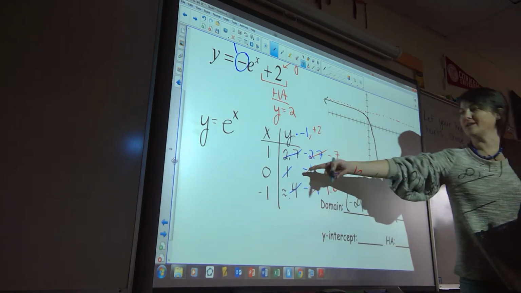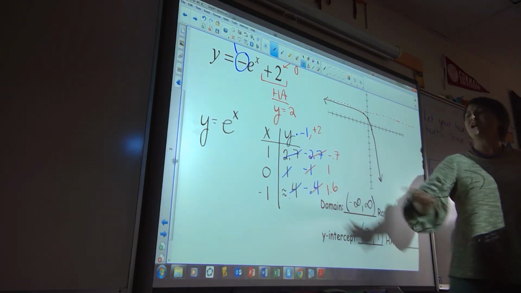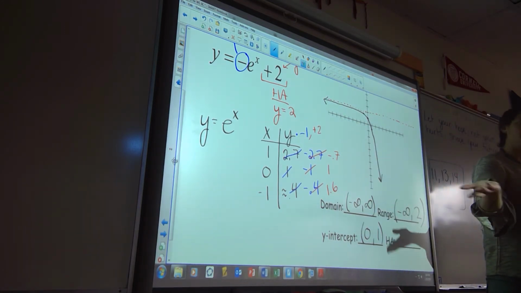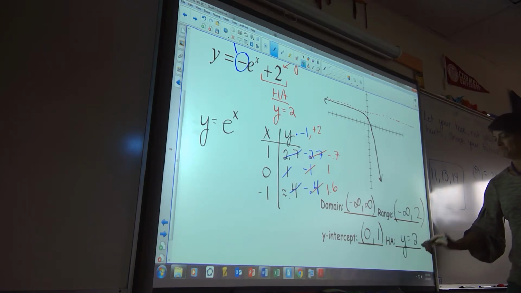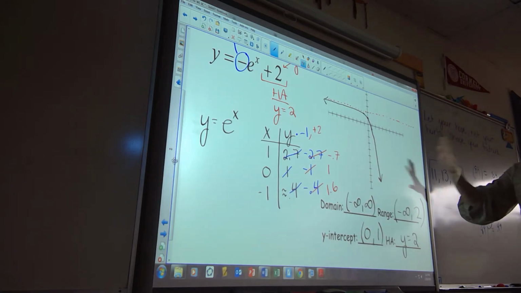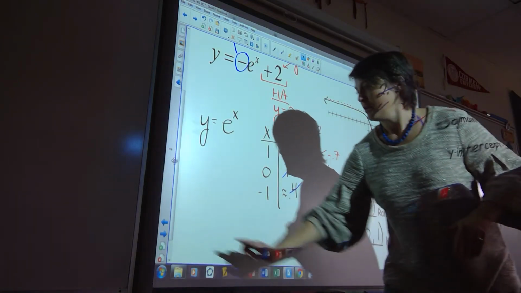The y-intercept, I have it from my t-table, 0, 1. If it's not in your t-table, just plug in a 0 for x and figure it out. Horizontal asymptote is y is 2. So this should be very, very similar to what you have been doing.